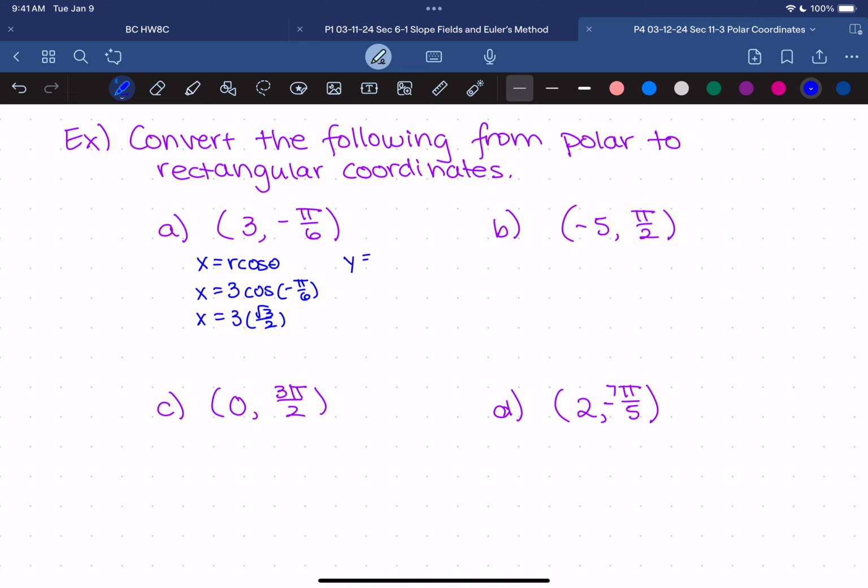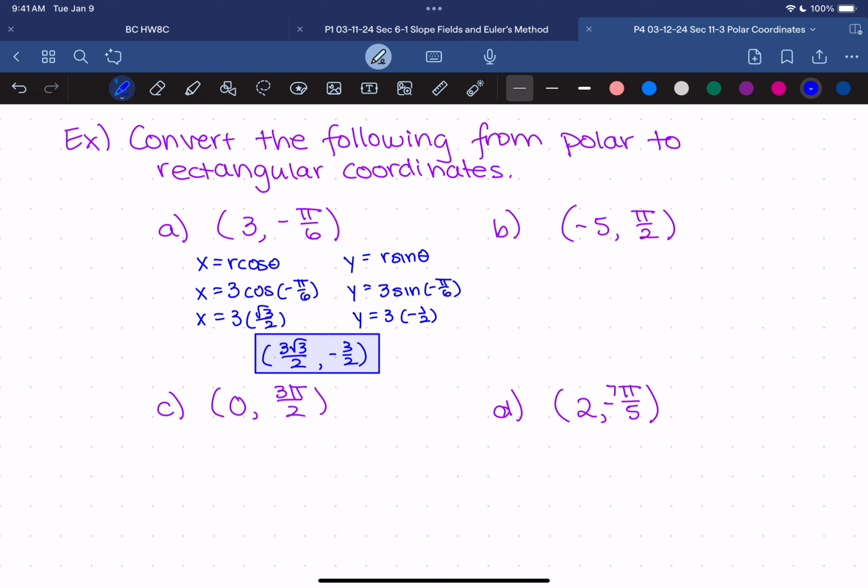Y is r sine theta, and r is 3. The sine of negative pi over 6 is going to be negative 1/2. So my point is 3 root 3 over 2 and negative 3 halves. That's my x and y coordinate.